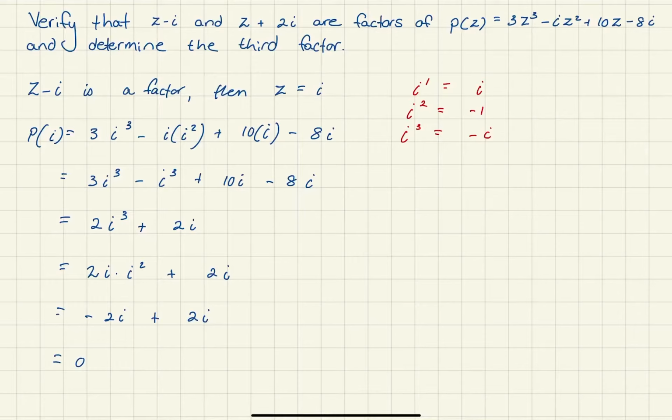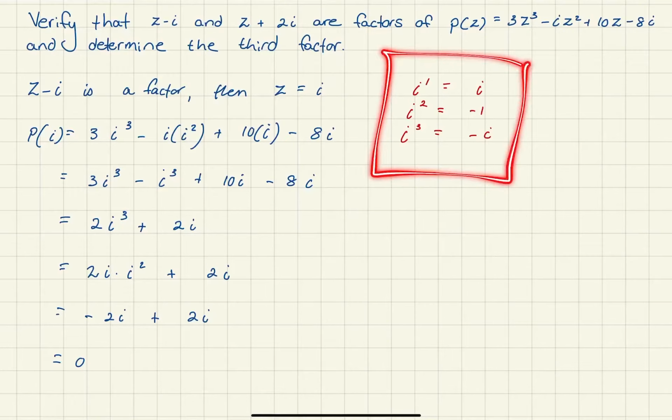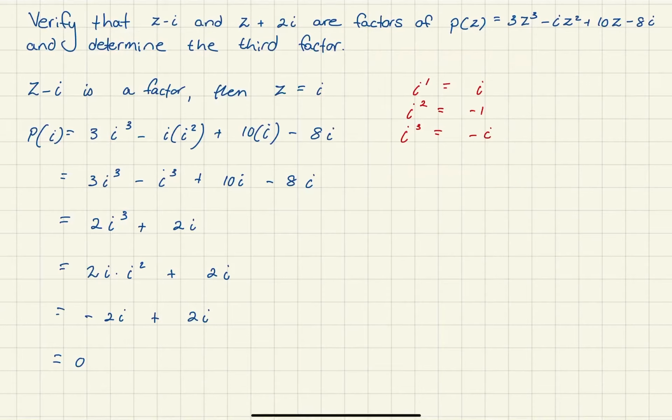So here, using this manipulation from the fact that i cubed equals -i, or i squared equals -1, I can rearrange this and I can show that yes, this is indeed a factor. Let's try that again with the second factor, z plus 2i.